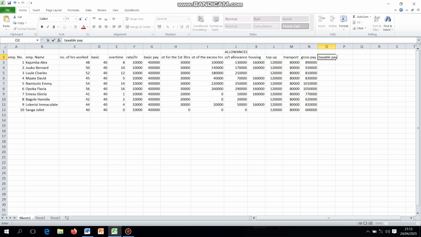To get the taxable pay, we shall use our formula, which will be the gross pay minus the NSSF, but we've not yet calculated the NSSF. So I'm going to first leave out this, then I'm going to replace it with the deductions.